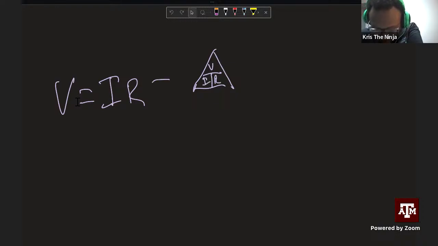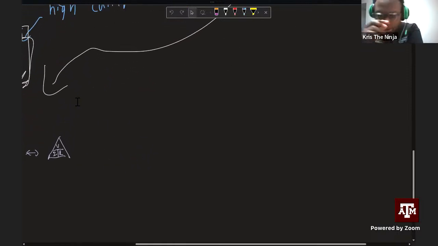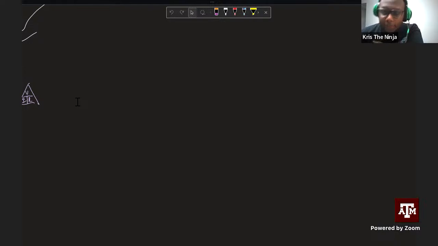These are one and the same. So let's do an example. We're going to do a voltage example first, and then we'll do how to solve for voltage, current, and resistance. The voltage example is going to be really, really fast.